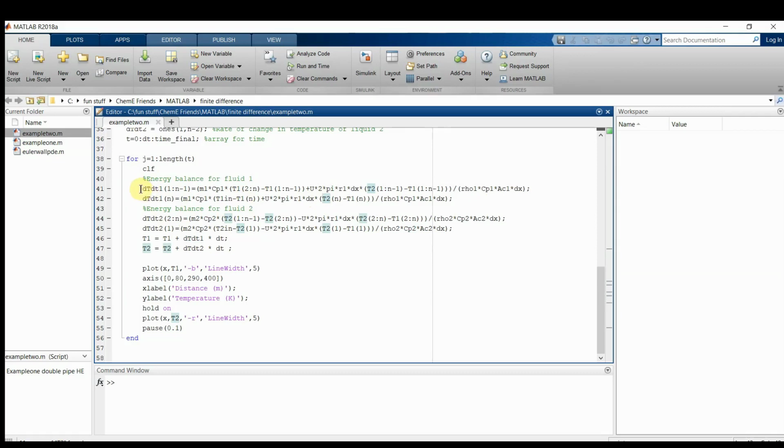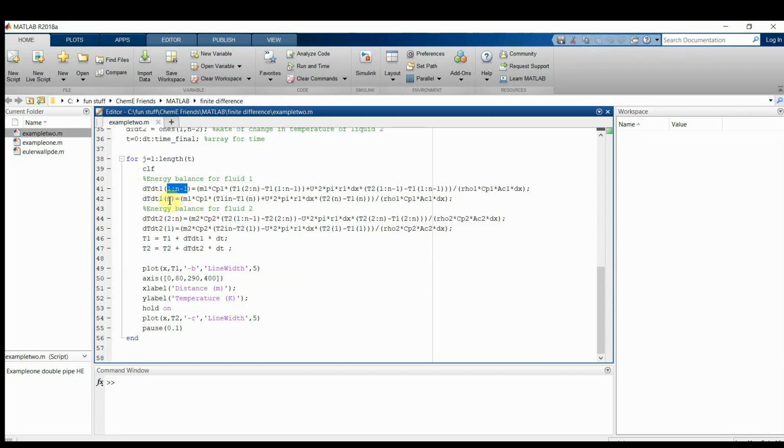So you can see the rate of change in temperature with respect to time for fluid 1 is given here. And coming back to the code, we don't have any boundary conditions as such for node number 1 to node number n minus 1, right?